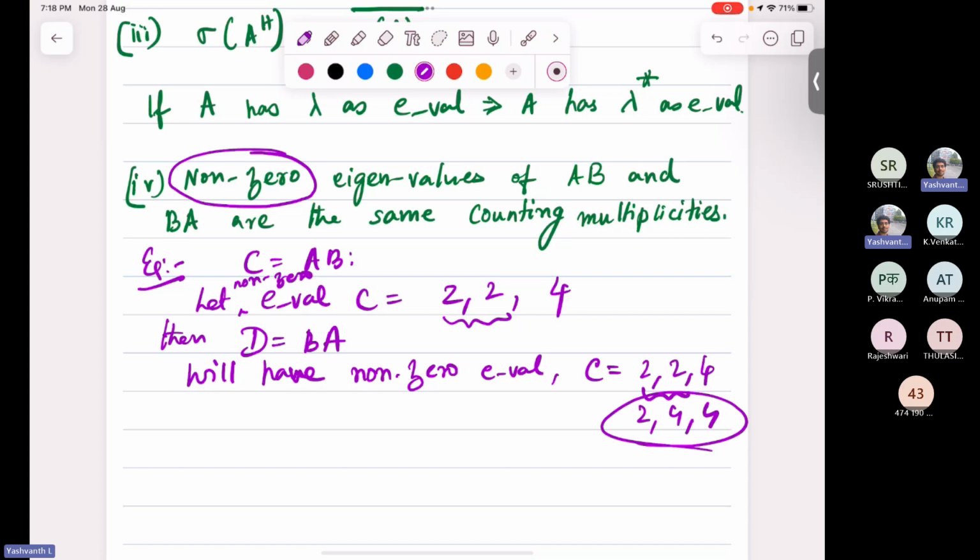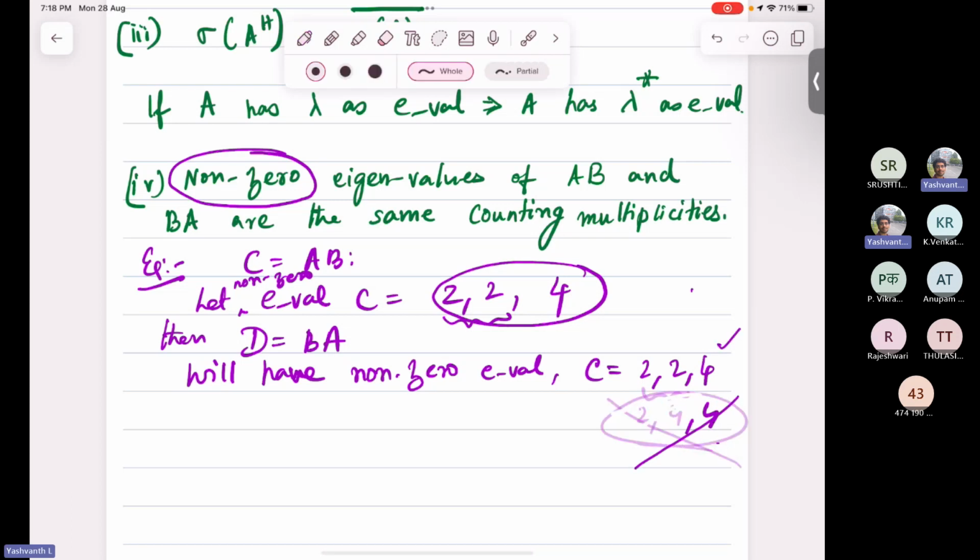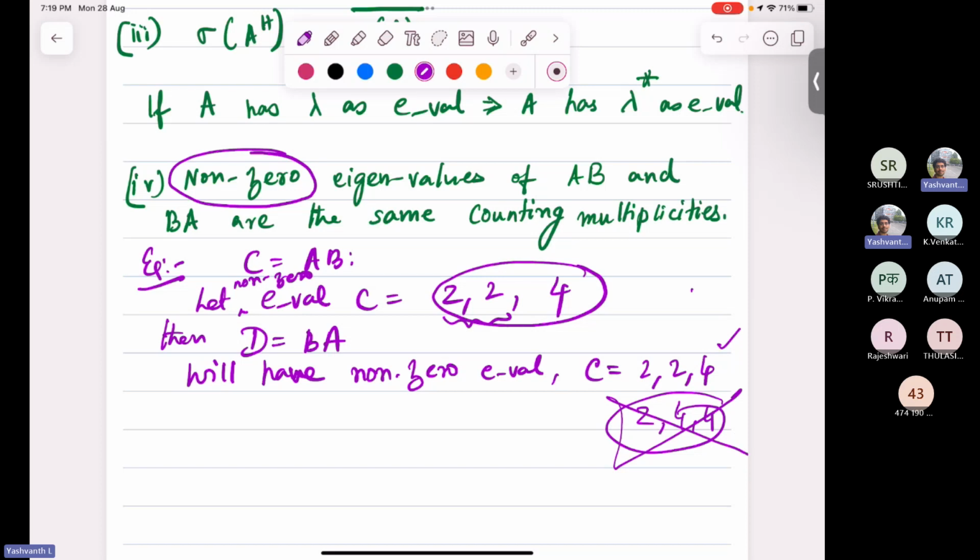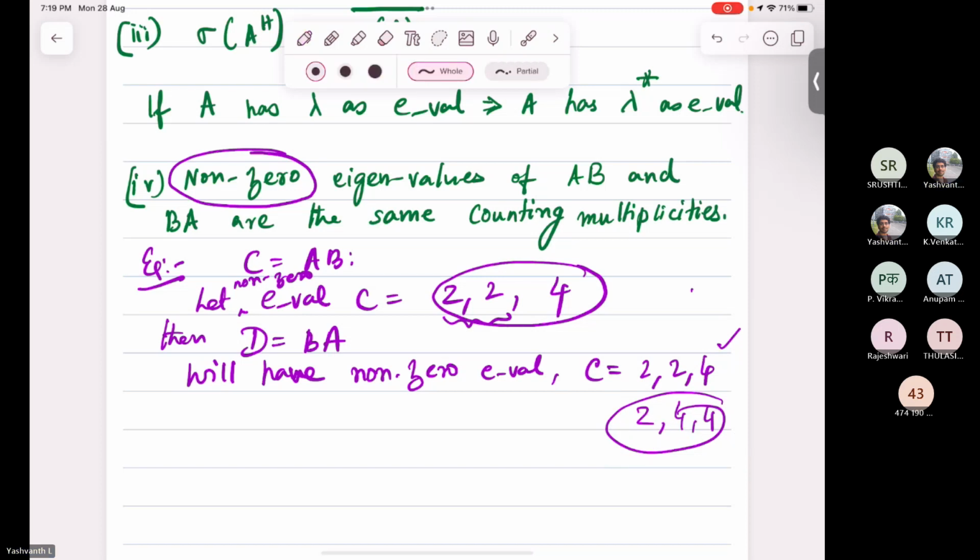The distinct eigenvalues are 2 and 4, so it doesn't say just that the numbers are the same. It also says that how many times they repeat will also be the same. So 2, 4, 4 cannot be the possibility. It should be 2, 2, 4 only. That is the meaning of counting multiplicities.